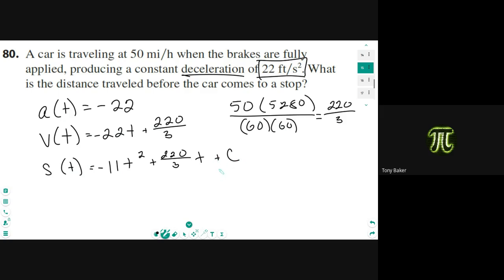We can assume the way this problem's going that my initial position is 0. So we don't need a plus c, because my c would be 0 in this case. All right, so the question is, what is the distance traveled before the car comes to a stop?